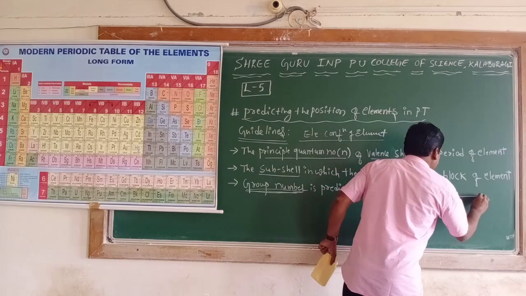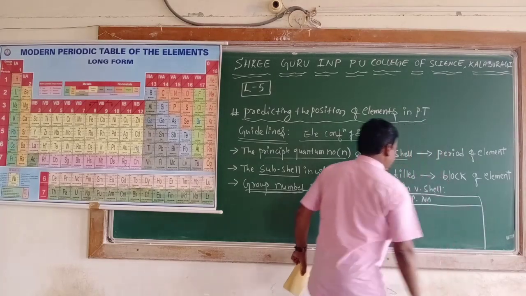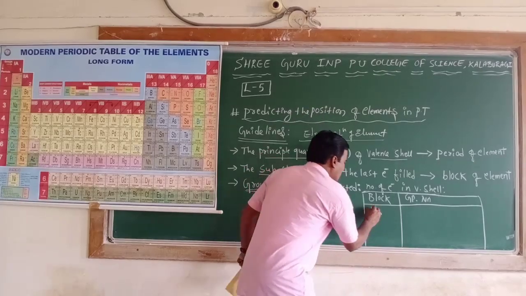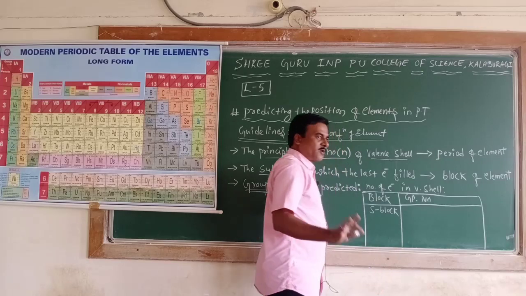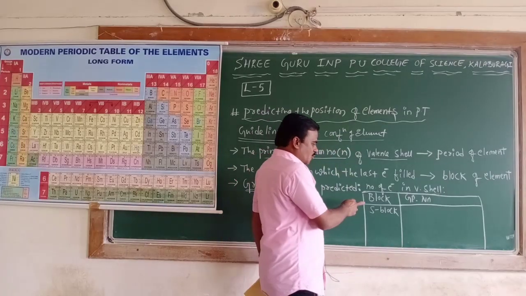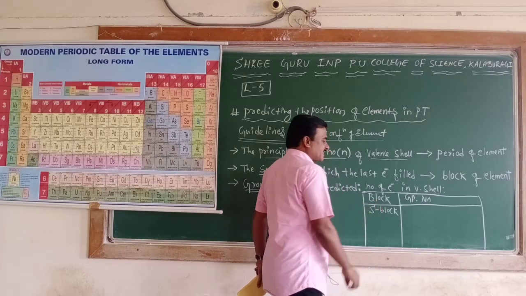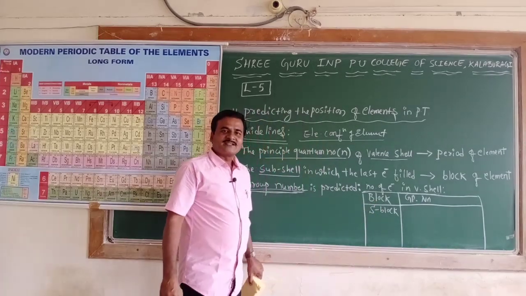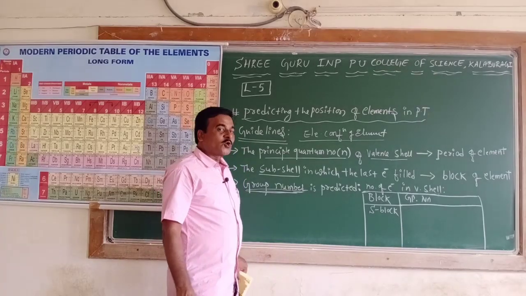Let's see. We mainly have 4 blocks in the modern periodic table. How to predict the group number of the s block elements? If the element belongs to s block, how to predict the group?